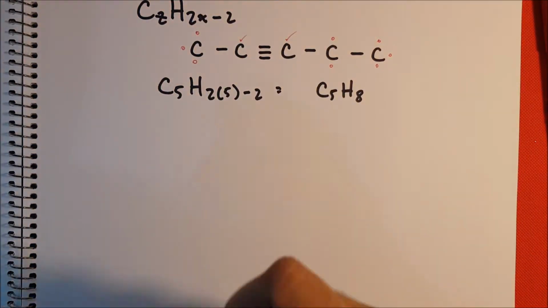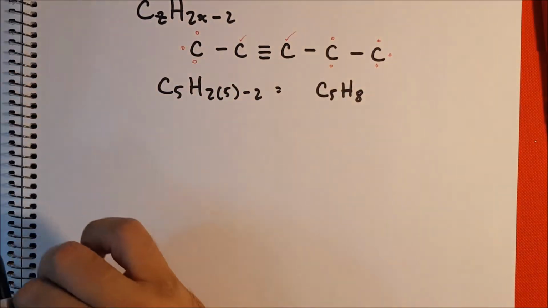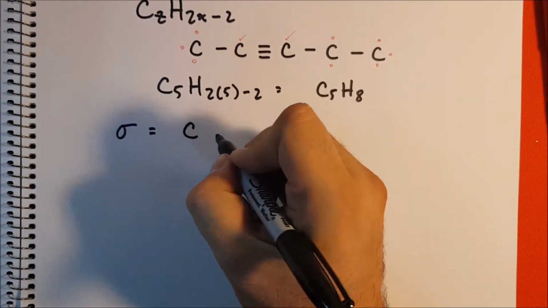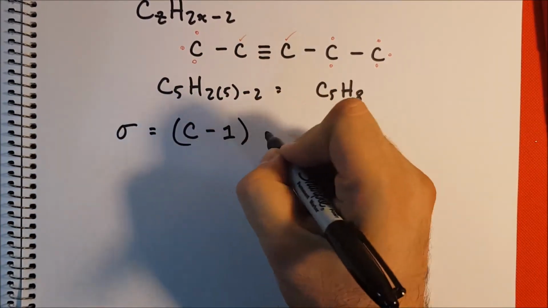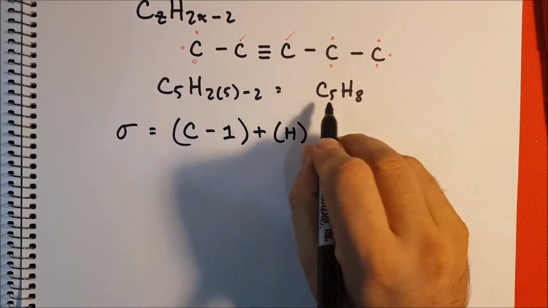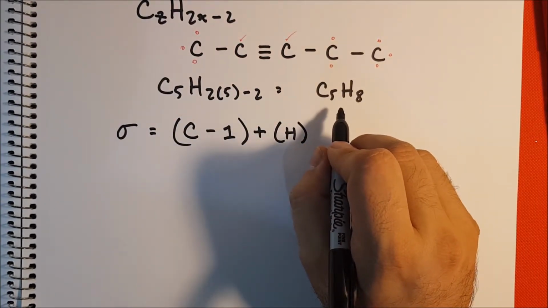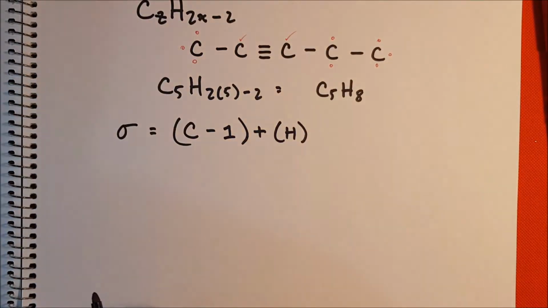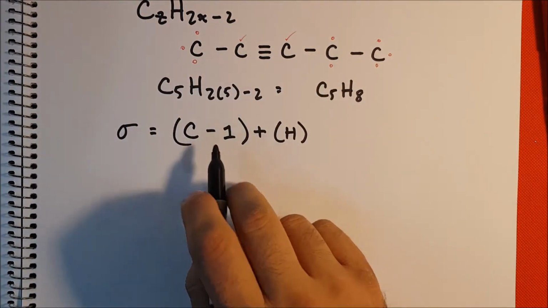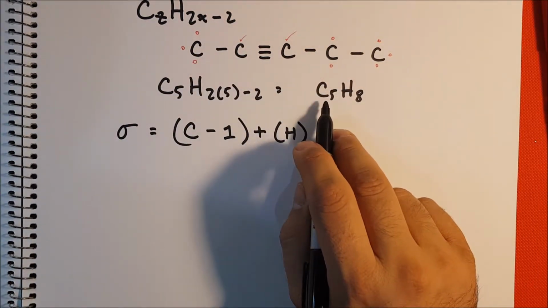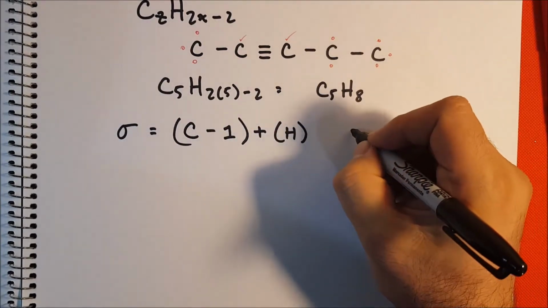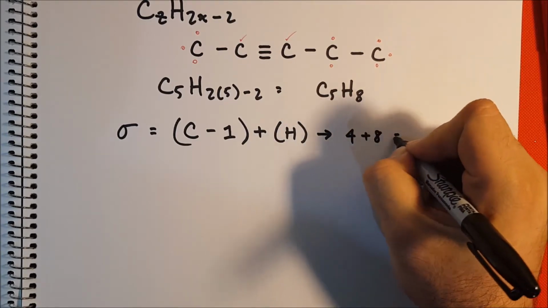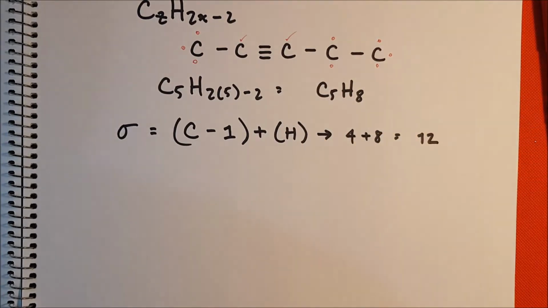There's a very simple way to calculate this: sigma bonds are equal to the amount of carbon minus 1, plus the amount of hydrogen, which we get from our molecular formula derived from our general formula for alkynes. So in this case, the amount of carbon is 5 minus 1 gives us 4, and the amount of hydrogen is 8. So in total, we have 12 sigma bonds.